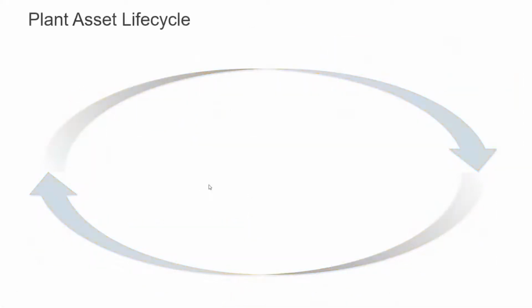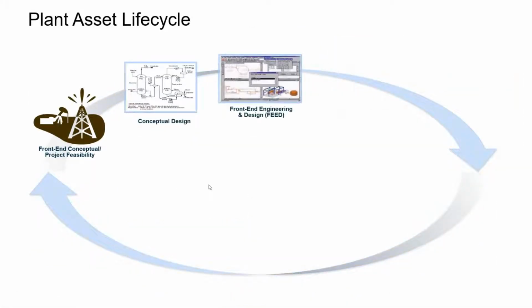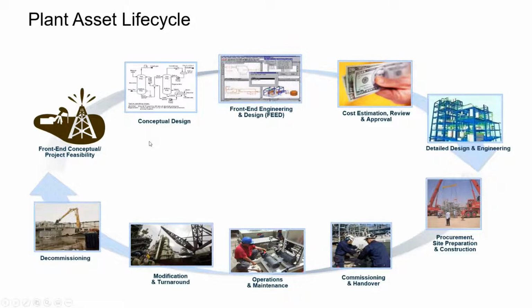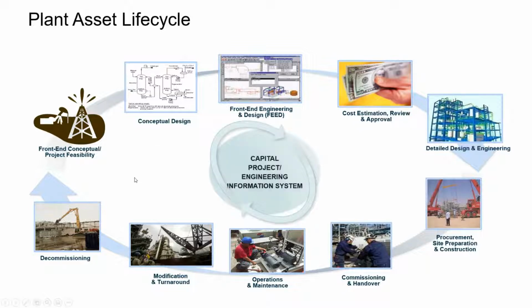These are what I also put here, the asset life cycle. If you can see this one, normally this kind of project, a capital project, contains a huge amount of data.